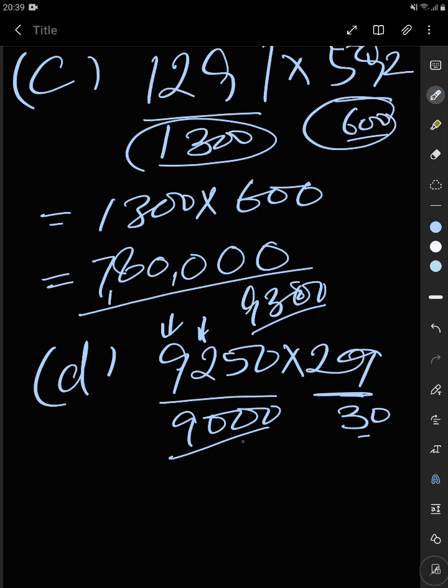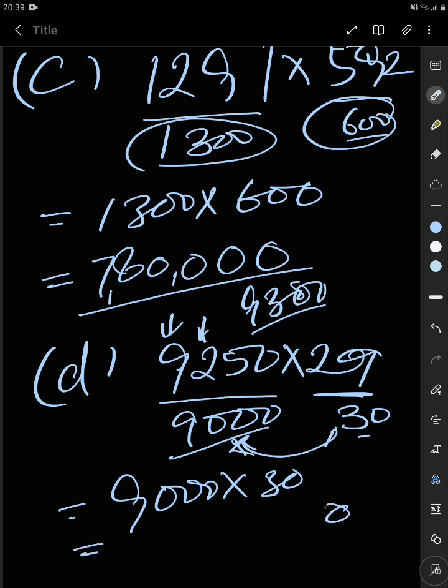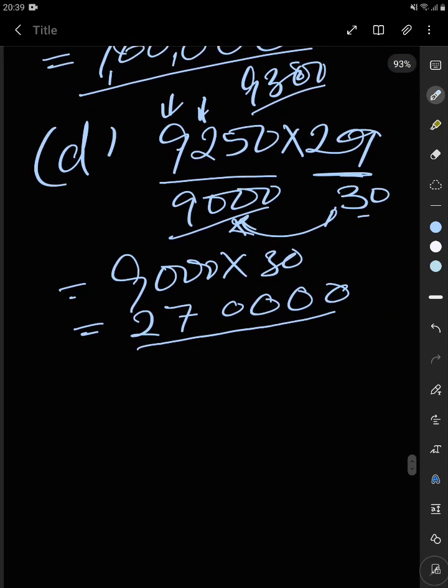So let's solve this one first of all, because this is the easiest one. 9000 multiplied by 30 will be equal to 270,000. This is the most appropriate and the closest, meaning easier to solve, because we are estimating the numbers by the general rule.